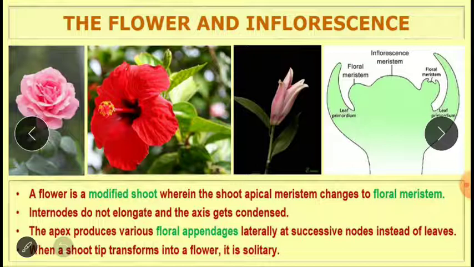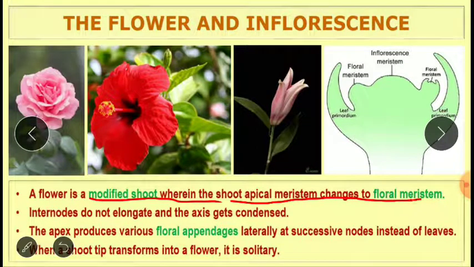A flower is nothing but a modified shoot wherein the shoot apical meristem changes into a floral meristem. Whatever the developing shoot is, the tip of the stem gets converted into a flower.